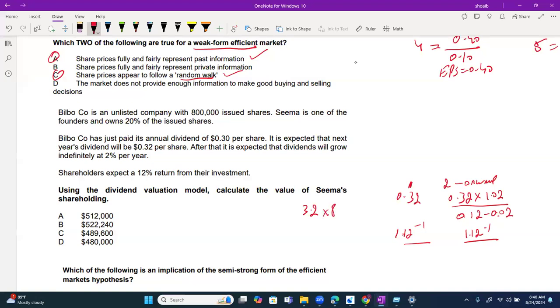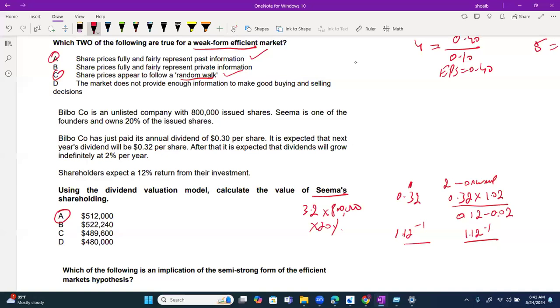Multiply by 800,000, but we will only calculate the value of Seema's shareholding, 20%. So 512,000 should be the answer.